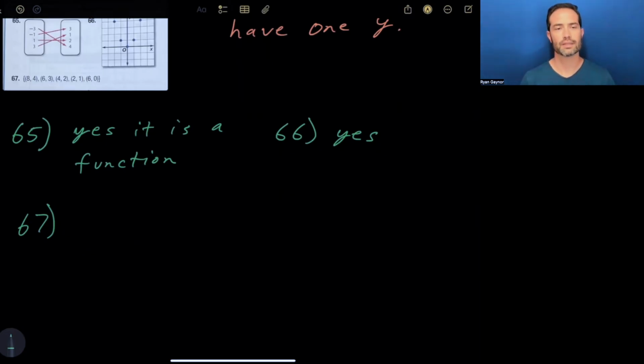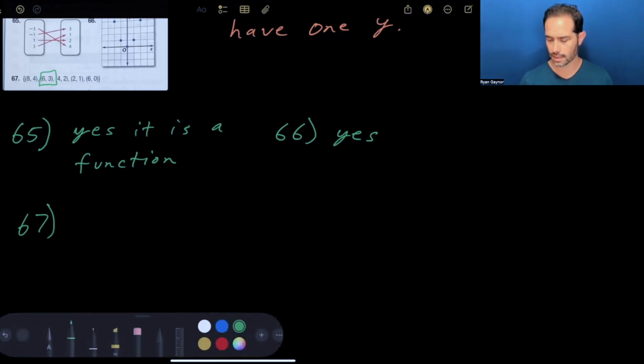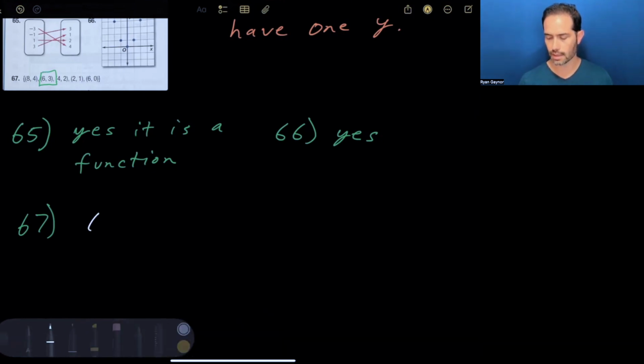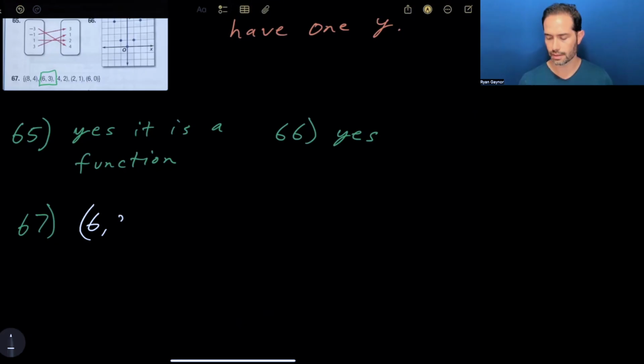Let's go to this one right here. It says 6, 3. So the x, which is 6, has a y, which is 3. Then the x again for 6 also has a y of 0.